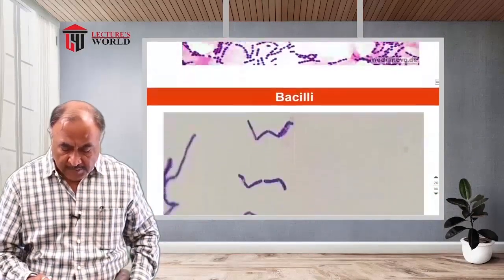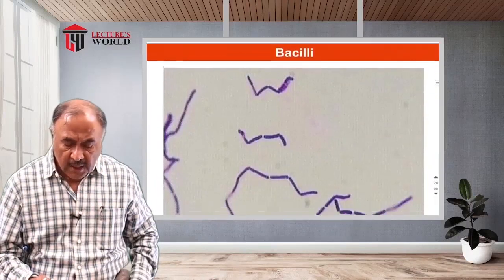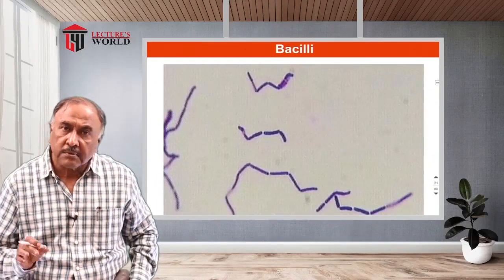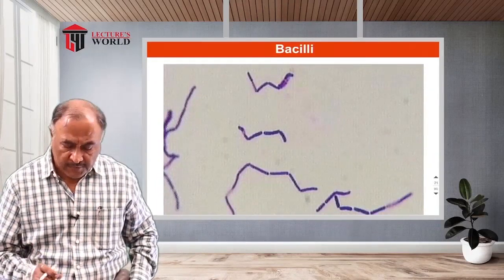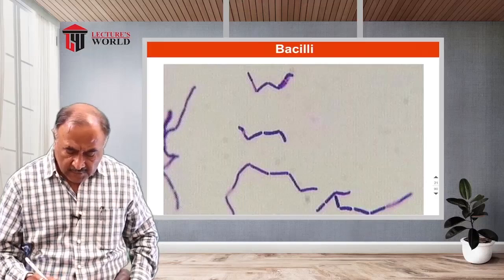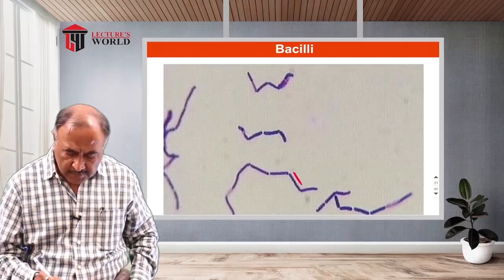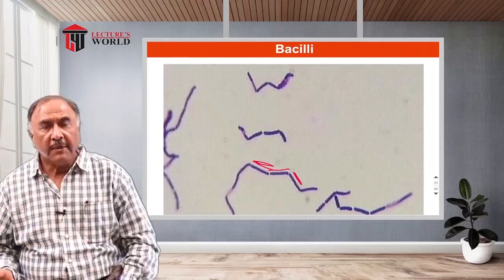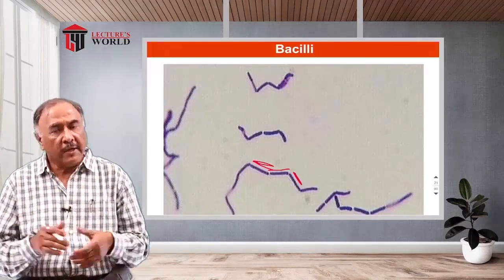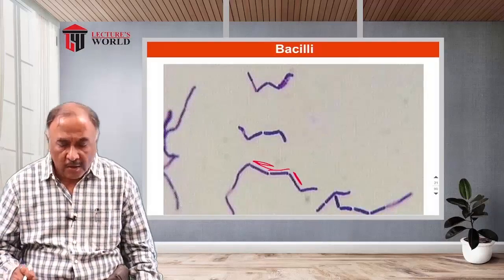Similarly, bacilli are large, long rod-shaped organisms, as the name indicates. See here, and their arrangement can be in a chain. Again, the chain can be short or long.